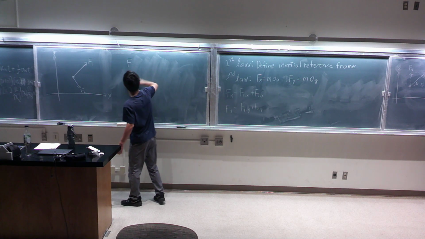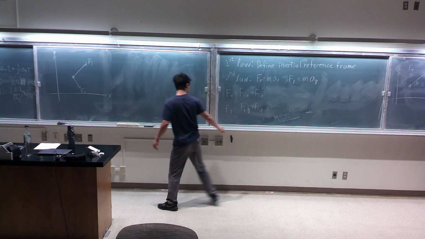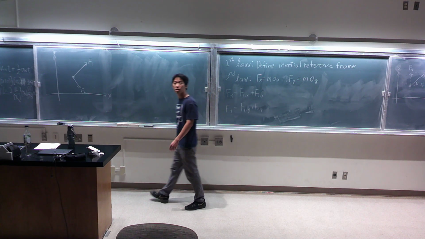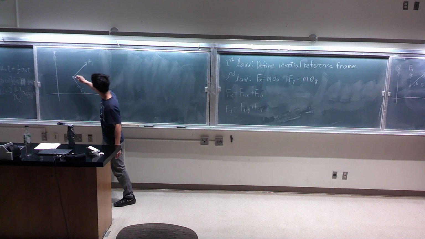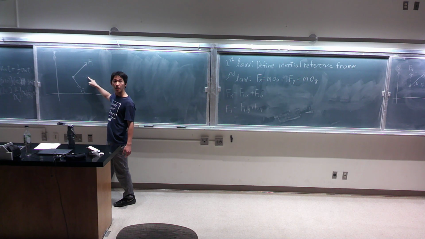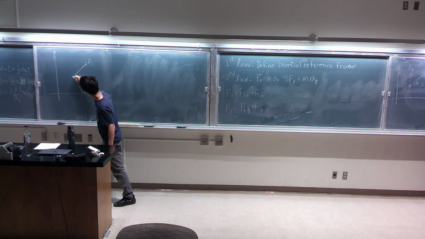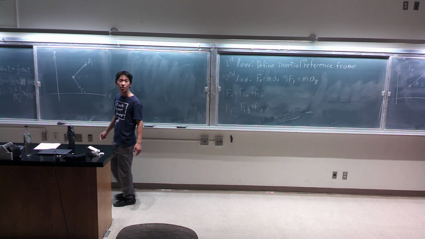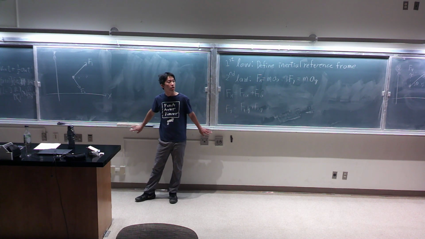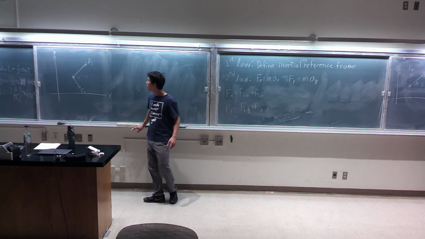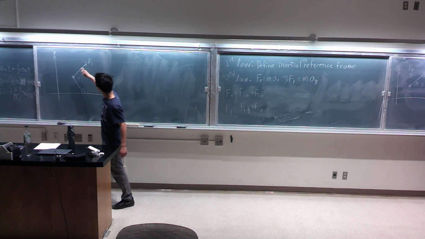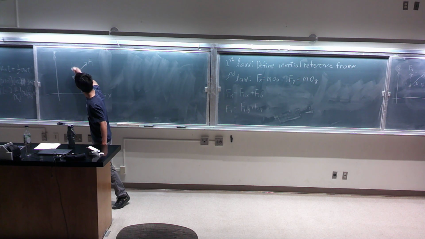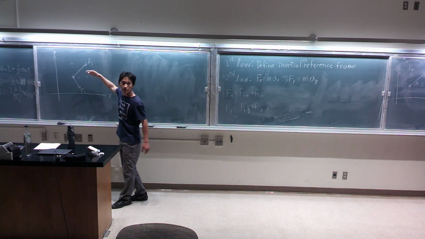Now, the x component of F1 is here. Okay? The x component of F2 is shorter because you can see the projection is shorter. Right? The y component of F1 is here. It is positive.